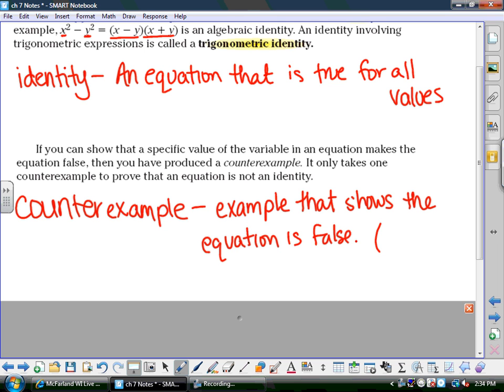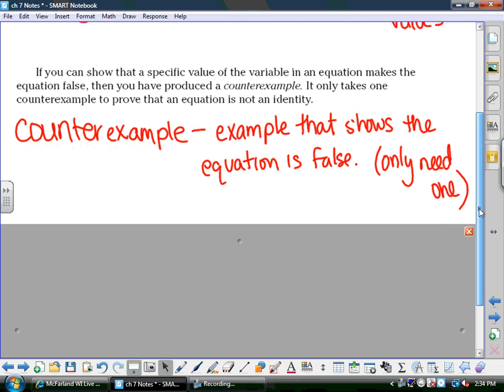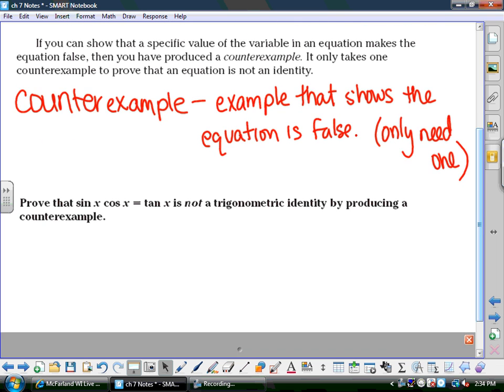And if we're trying to show something's not an identity, we only need one. There might be lots of right answers, but we only need one. So let's try that in an example.